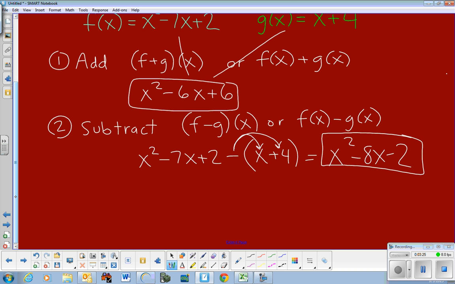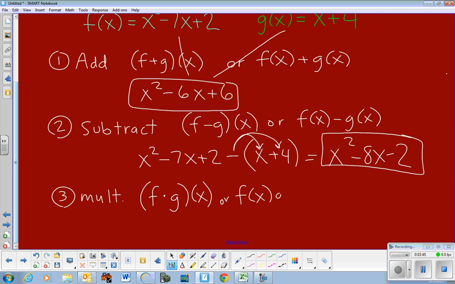Now f times g, because we're going to add, subtract, multiply, and divide. So you could write that f times g, or you just write them like that.